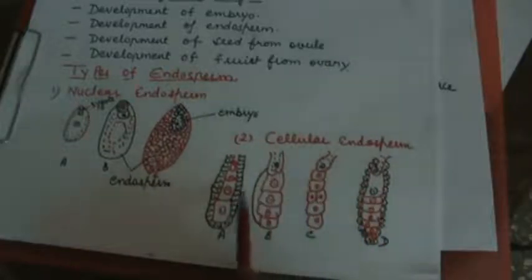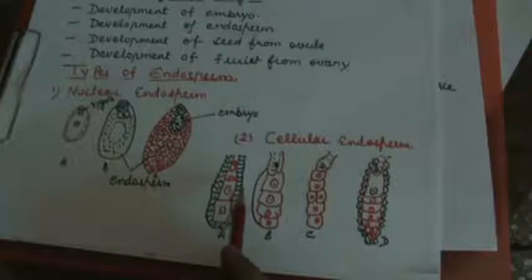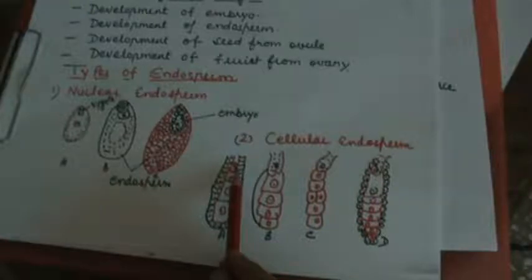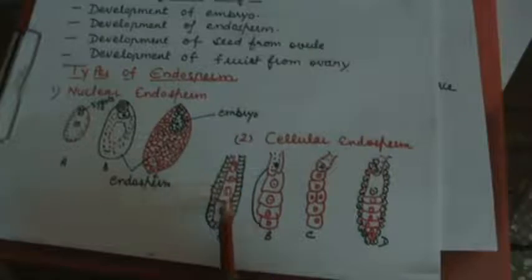In this cellular type of endosperm, the first nuclear division of the primary nucleus is followed by a wall, longitudinal or transverse. This is longitudinal, from this side it is a transverse cell wall in the central cell.